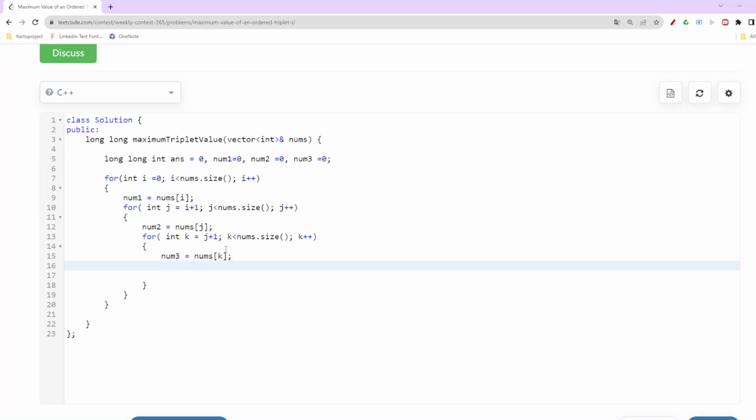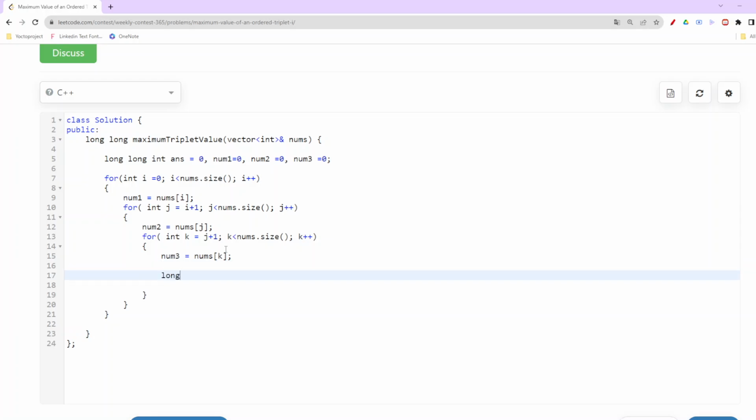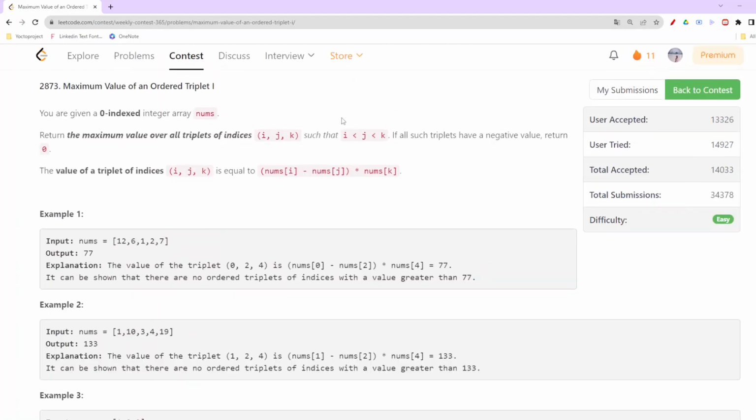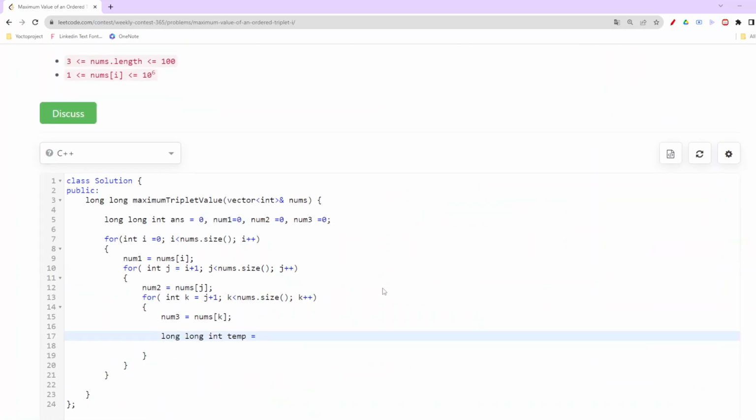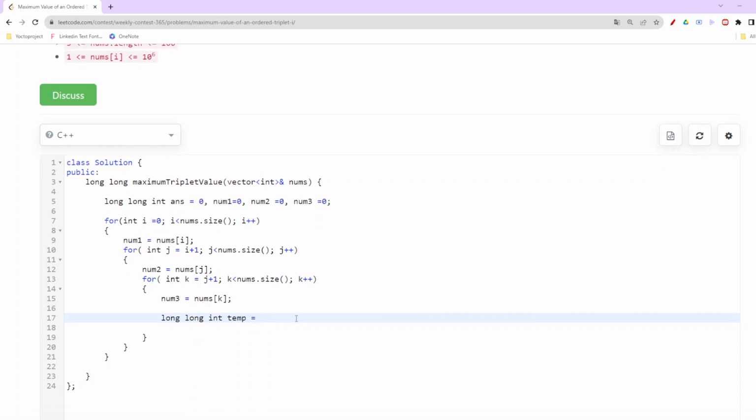And now comes the part that we are required to go ahead with this formula only, which they have given us here. By using those numbers, we will be forming that. So from our num1 we are required to subtract num2, and then we need to multiply it with our num3.